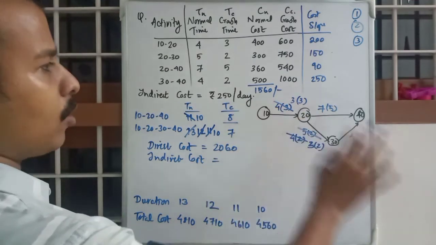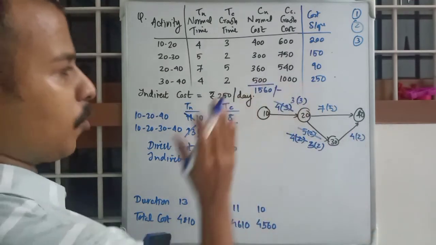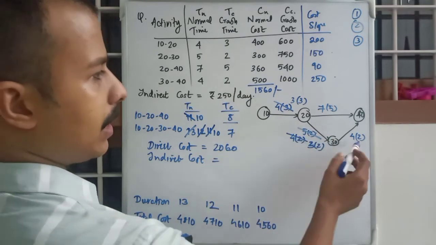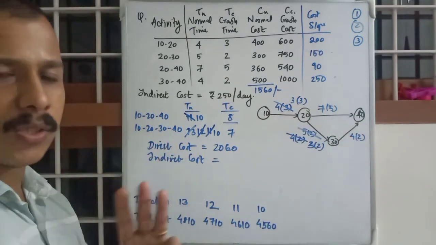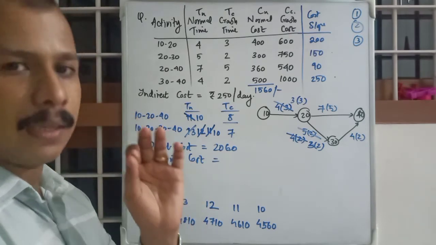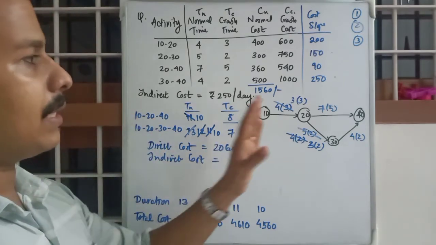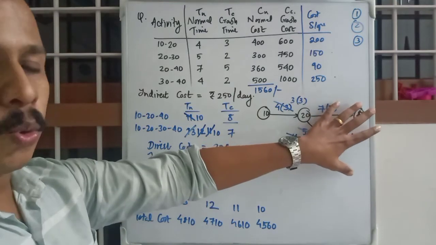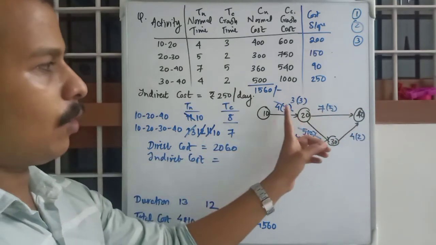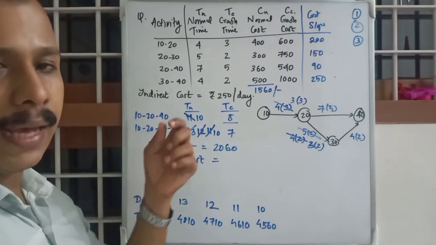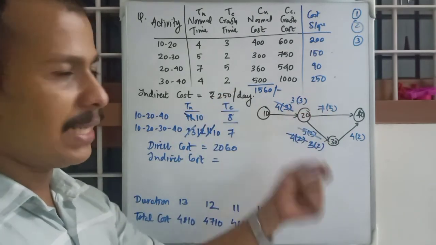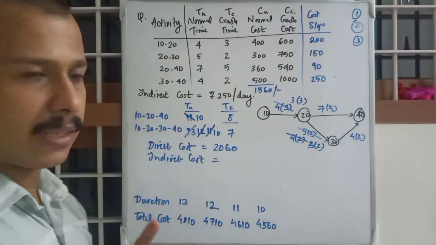Okay, so it cannot go below 3. So that's forbidden. Then you will take this cycle. Okay, it's the third case. You have greater than one critical path. Then you will take two activities, that is, one from one path and the other from another critical path, and take 1 day from each activity.